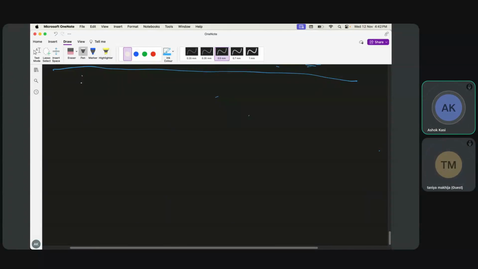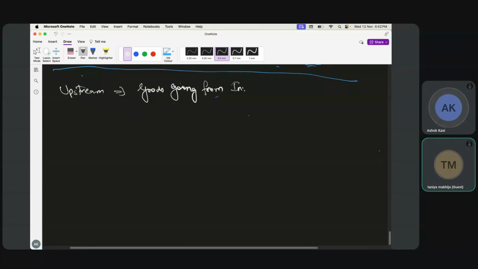See, now there is something called upstream and downstream transactions. Okay. When I say upstream, that means goods going from investee to investor.